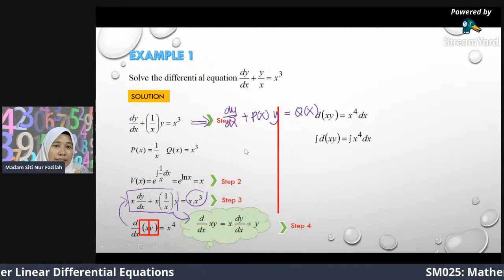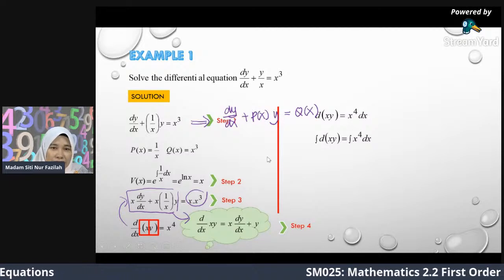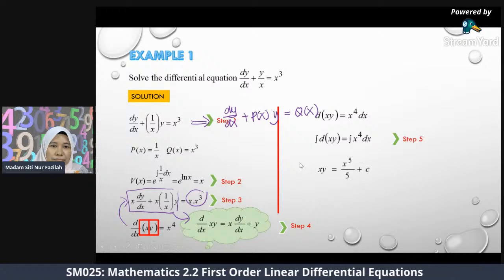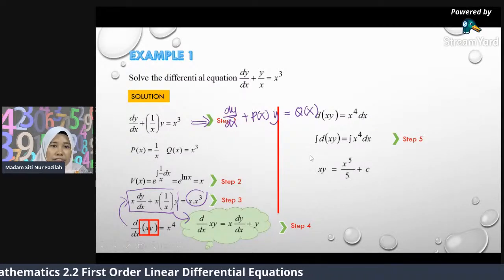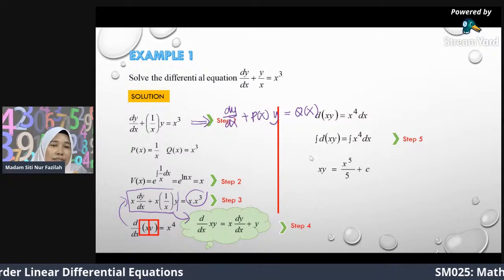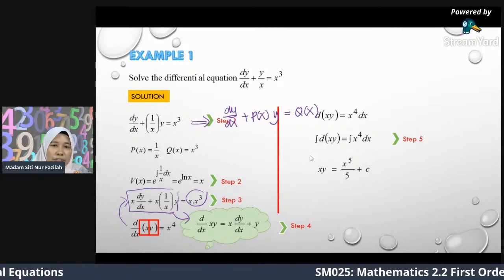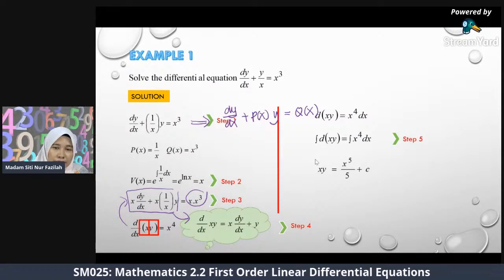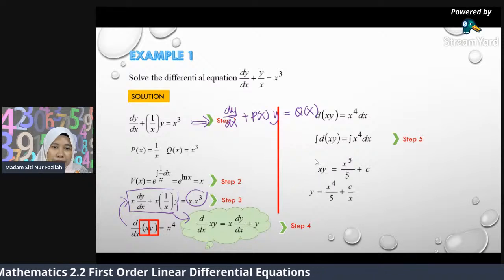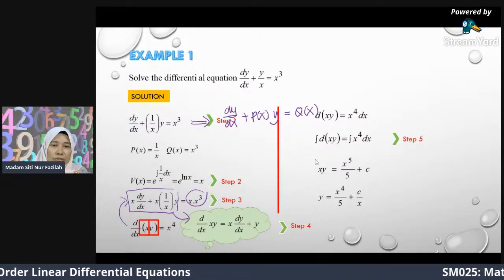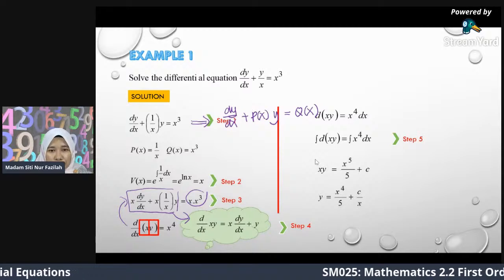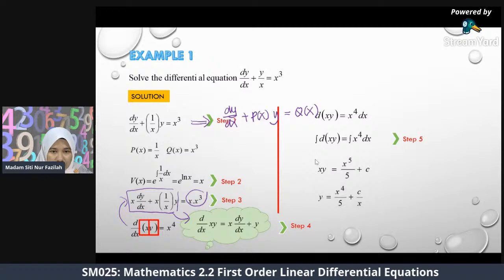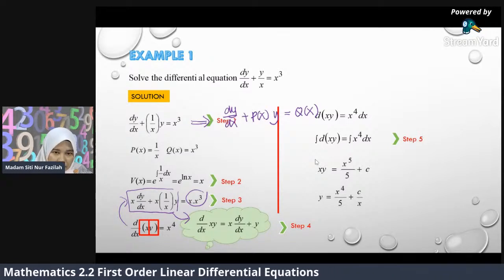For the left side, the integration is xy. Integrating d of xy, we know the answer is xy. For the right side we get x to the power of 5 over 5 plus c, and then we express y in terms of x. We can get y equal to x to the power of 4 over 5 plus c over x as the final answer.